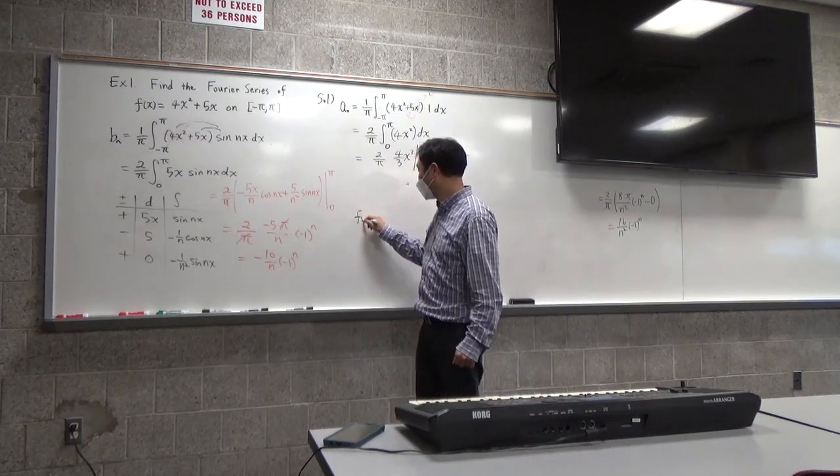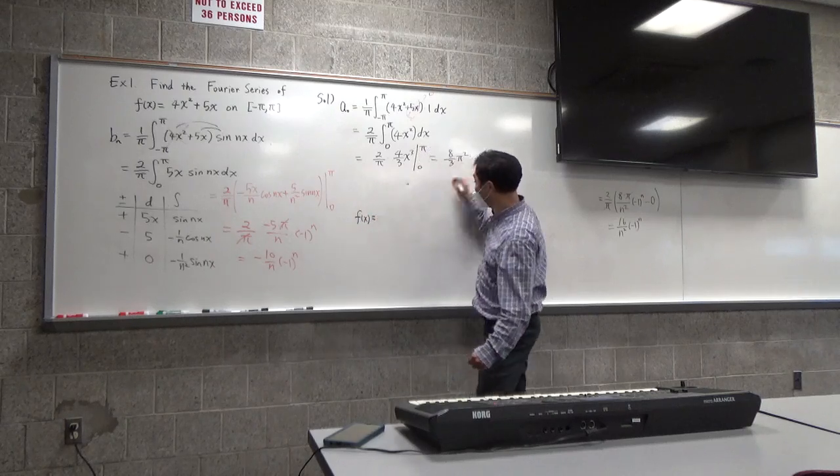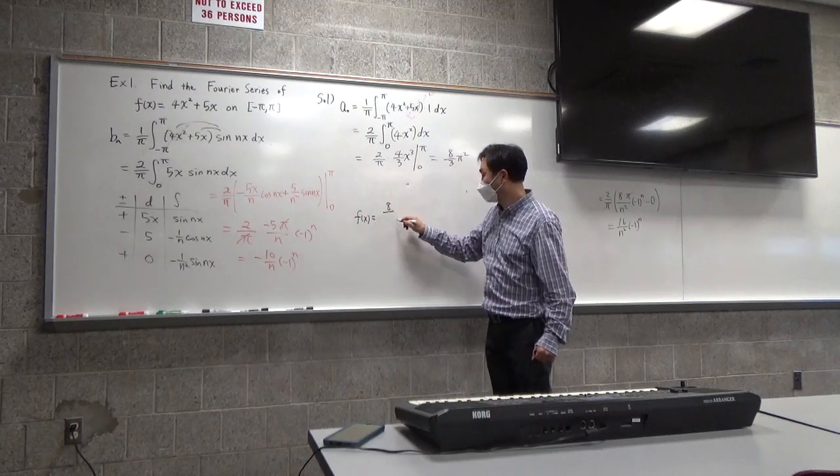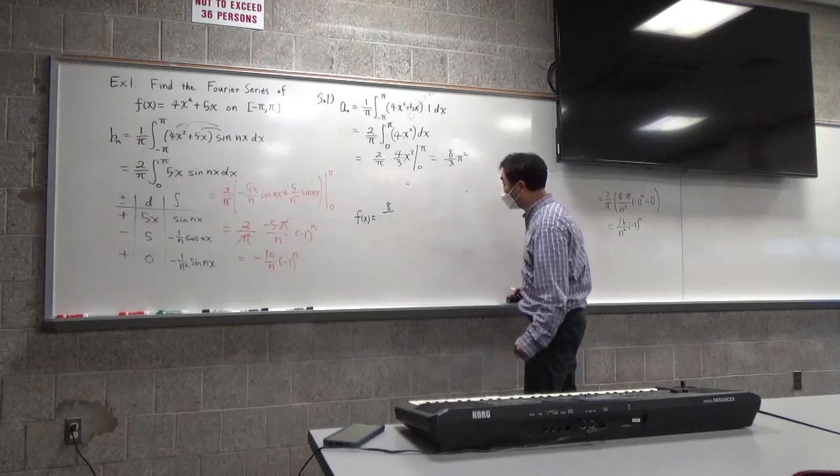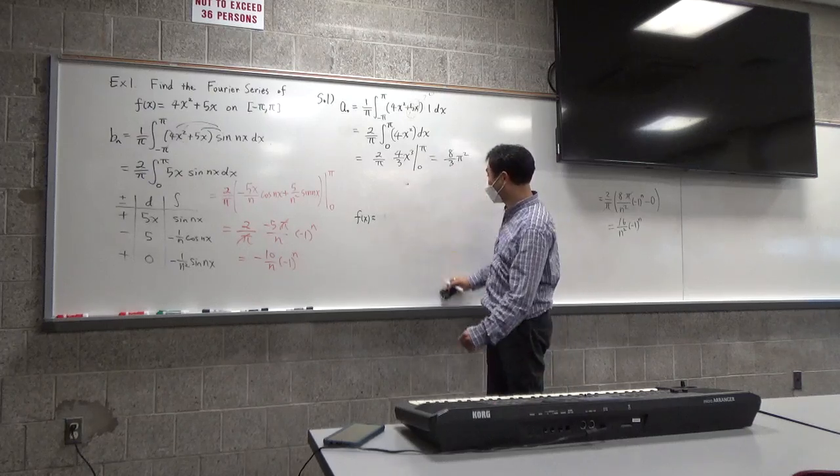F of x equals this over 2. So let's just divide this by 2. What do you get? 8 divided by 2 is 4, right?